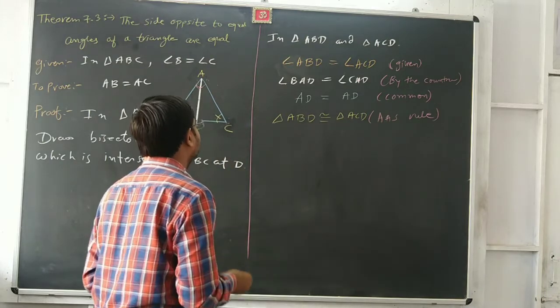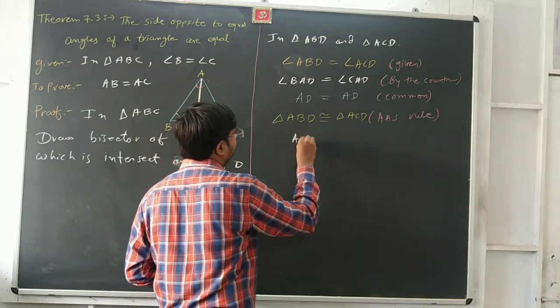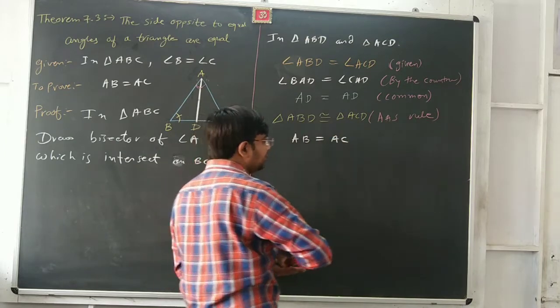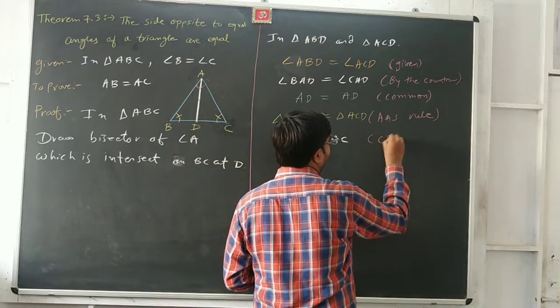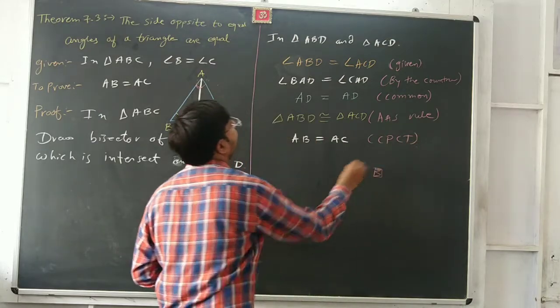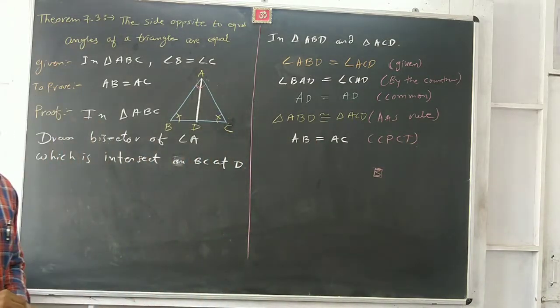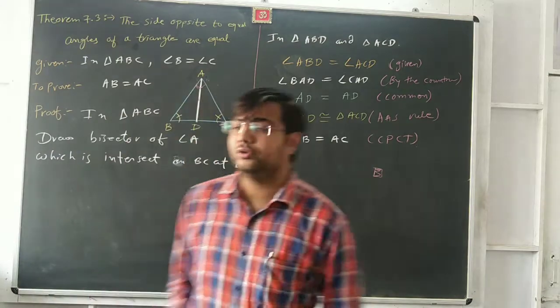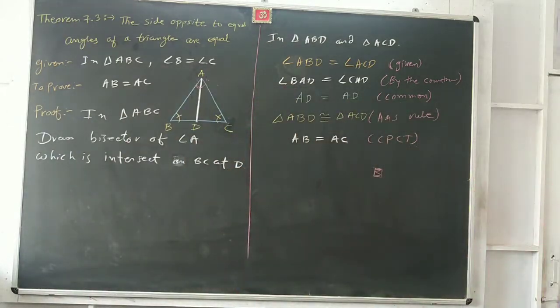So AB is equal to AC by CPCT. Okay, this theorem is complete. See carefully and write it down in your notebook.